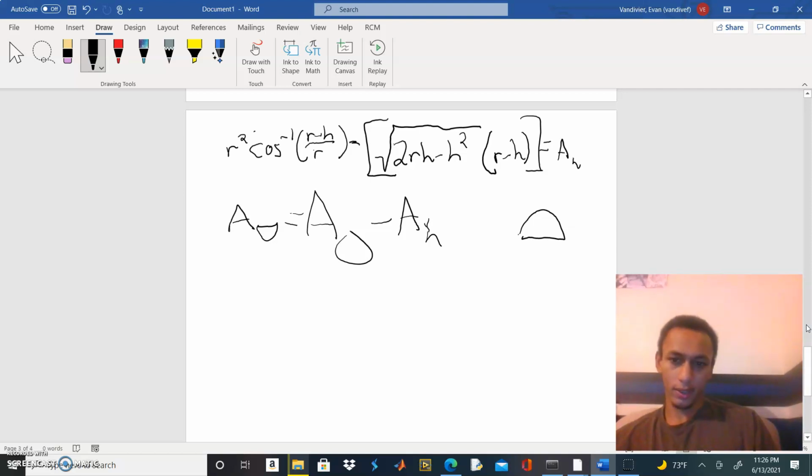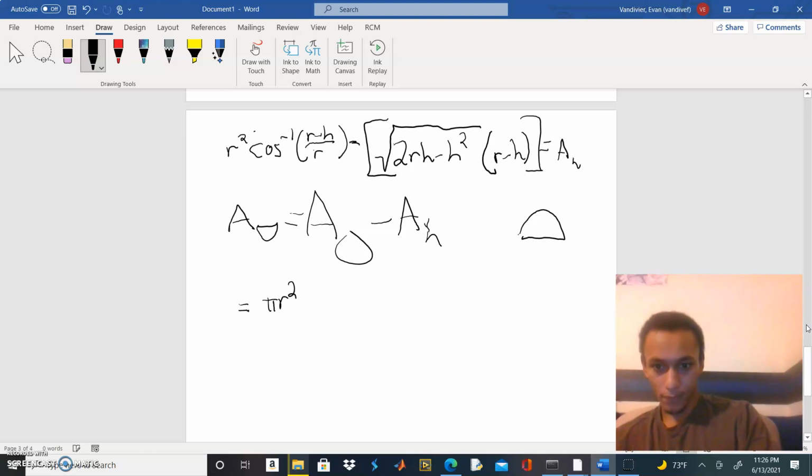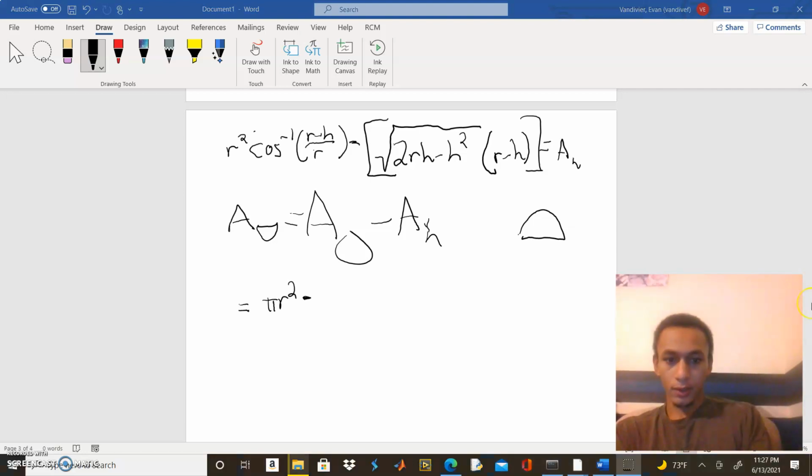So as we do that, the area of the circle, say it's equal to pi r squared, minus this expression above, r squared cosine inverse.